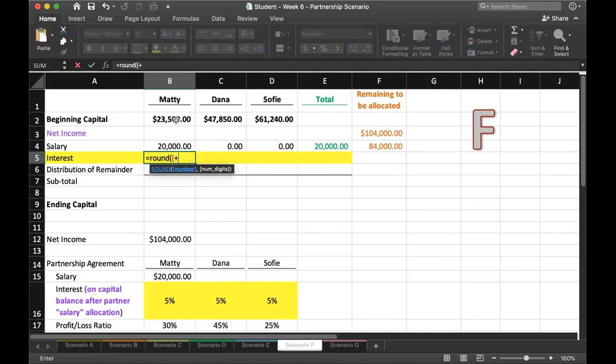Oops, sorry. In the formula, it's going to be beginning capital plus the salary, and then we're going to round it to 2 decimal places.